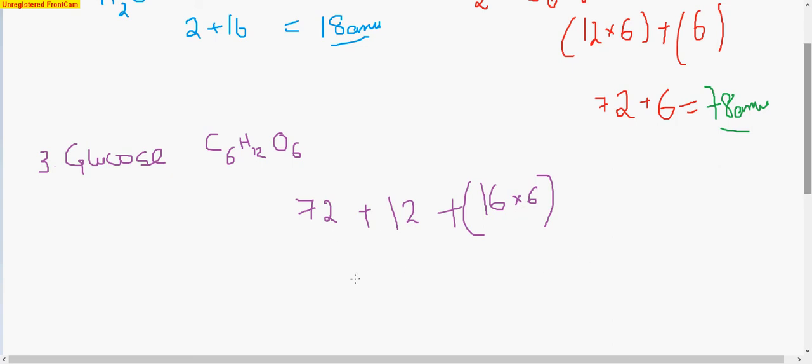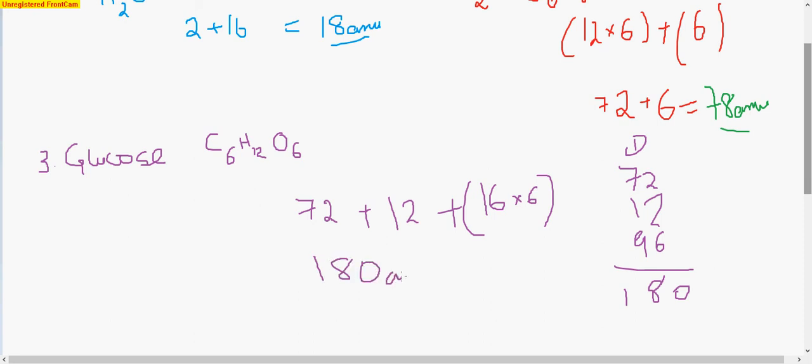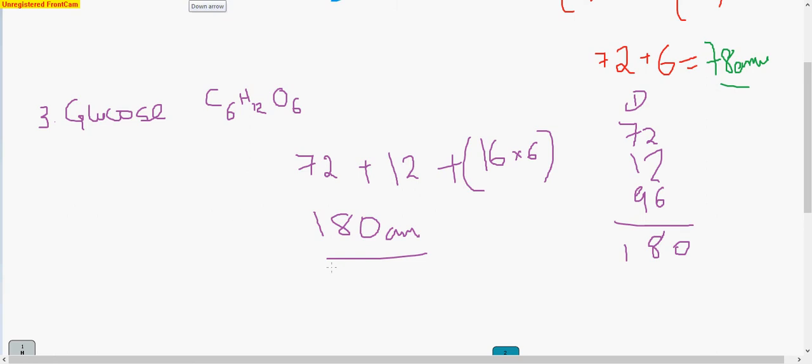So 72 plus 12 plus 96. We have it as 180, right? 180 AMU. Yes, that is the molecular mass of glucose.